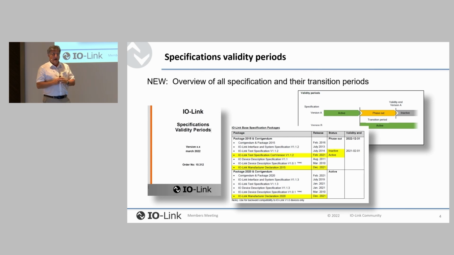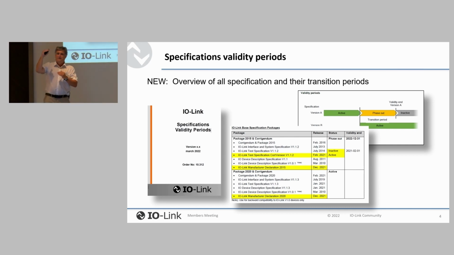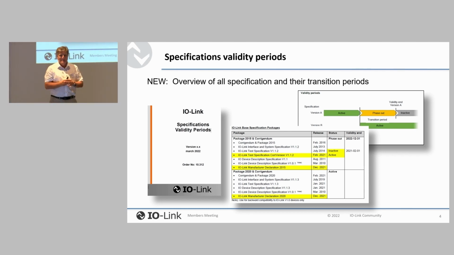This is only a part of the list I show you here, because beside the specification, we also have a lot of profile specifications. I think 6, 7, Wolfgang, something like that. The complete set of specifications: we know that people want to know which are the active ones and when they will be phased out. So this document is just in preparation, and I guess within the next, let's say, 4 weeks, a month, we will publish it on iolink.com, which is worldwide public.